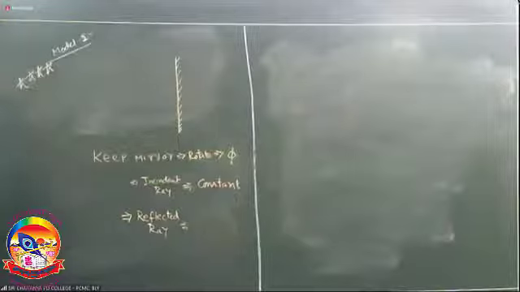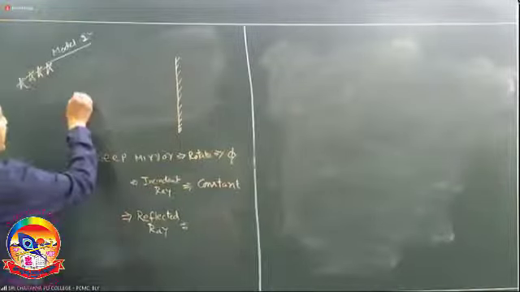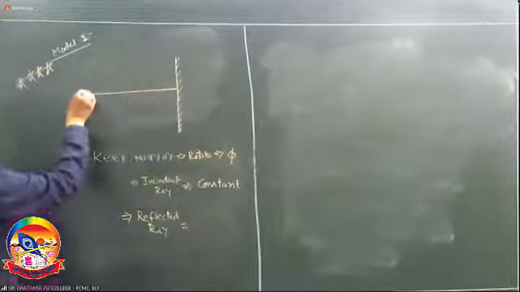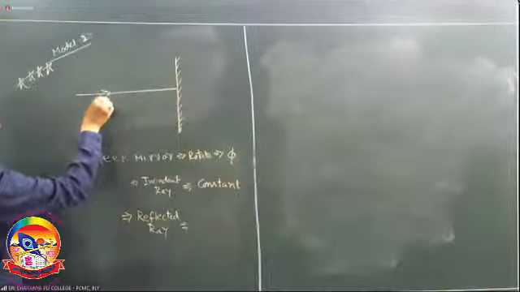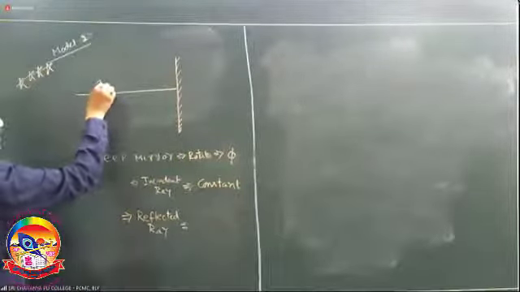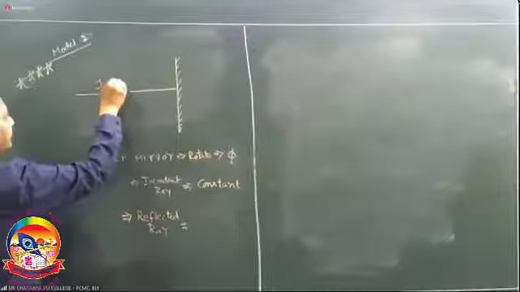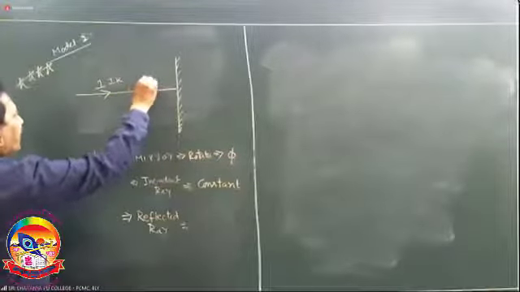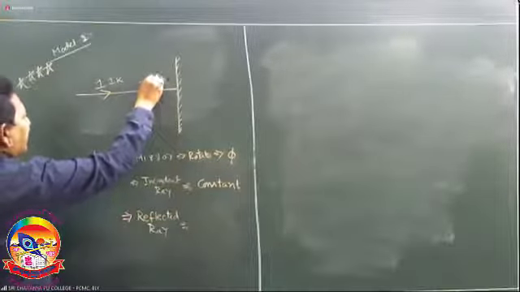Plane mirror, normal incidence. What is normal incidence? Normal incidence is nothing but the first incident ray. If it falls normally, the reflected ray will be along the same line, already discussed.